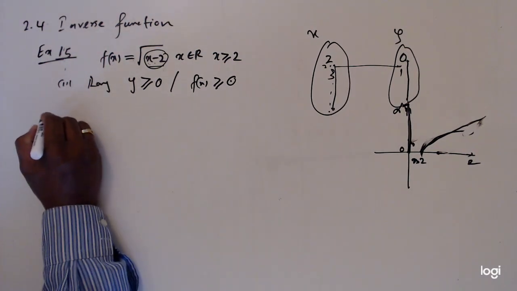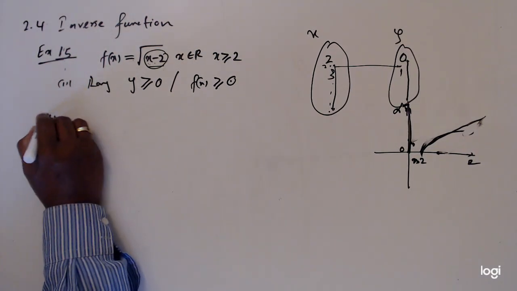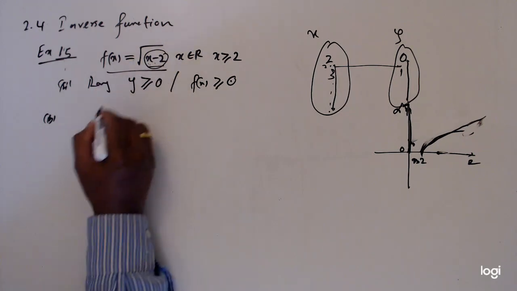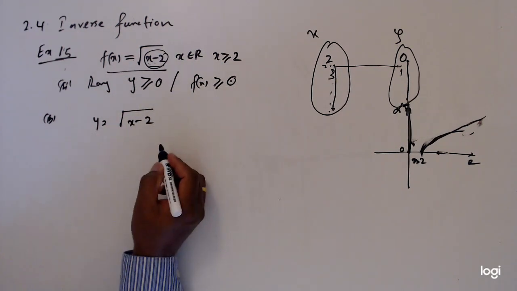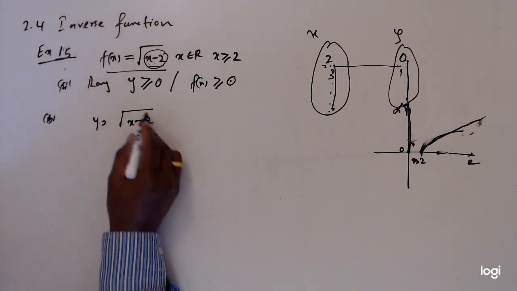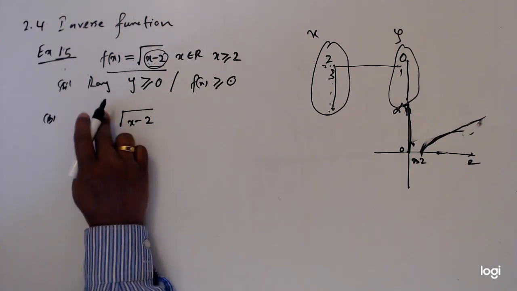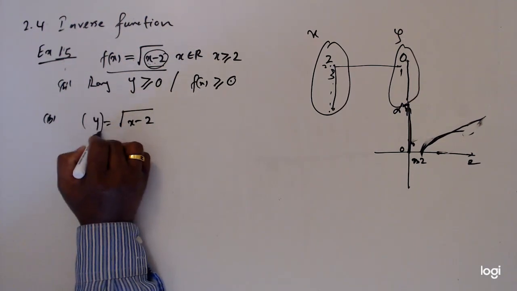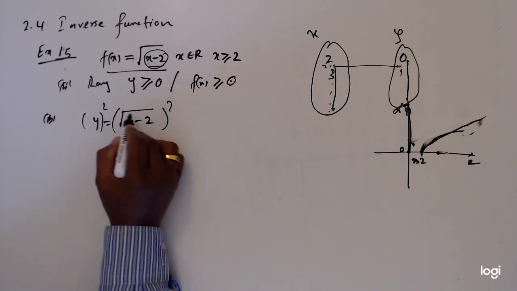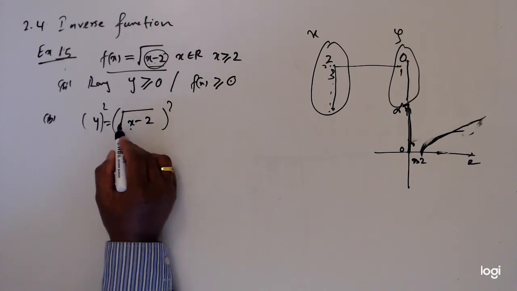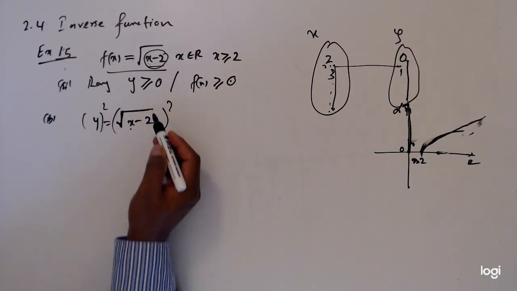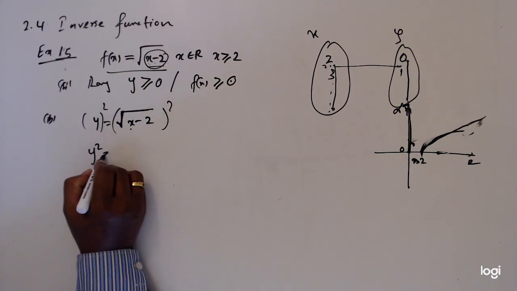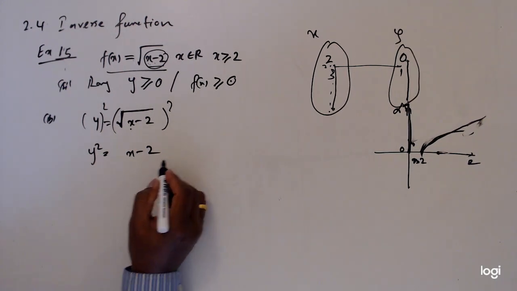Now we want to find the inverse function, part B. So I will write y equals the square root of x minus 2. Then I'll square both sides to get rid of the square root, because I want to make x the subject. So y squared equals x minus 2.